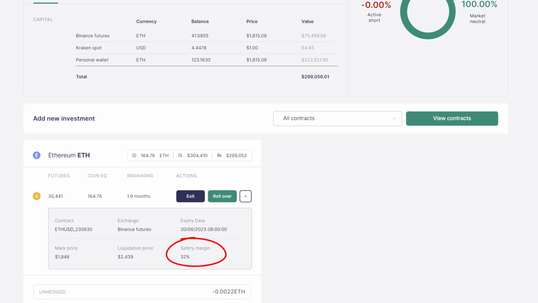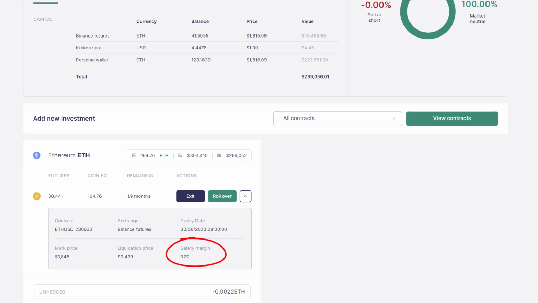The safety margin will change as the futures price moves closer or further away from the liquidation price. We need to monitor the safety margin and deposit additional coins if needed to maintain it at a comfortable level. The safety margin should be sufficiently large to give us enough time to deposit additional coins and avoid liquidation in the event of a sudden increase in futures prices.